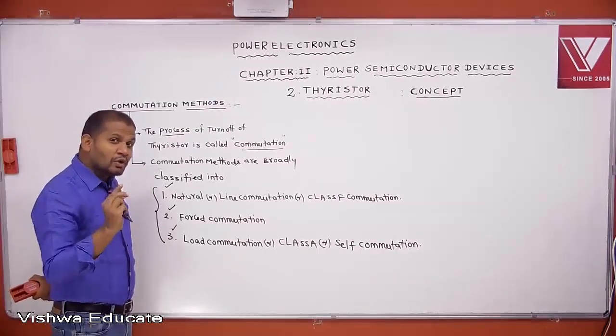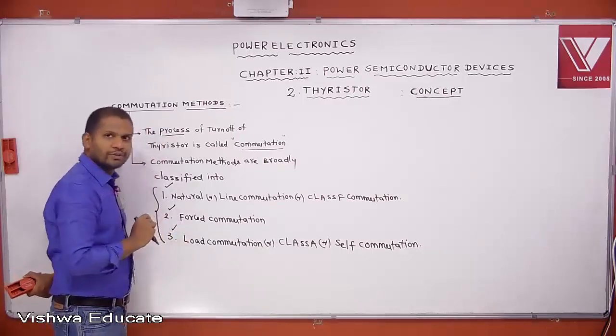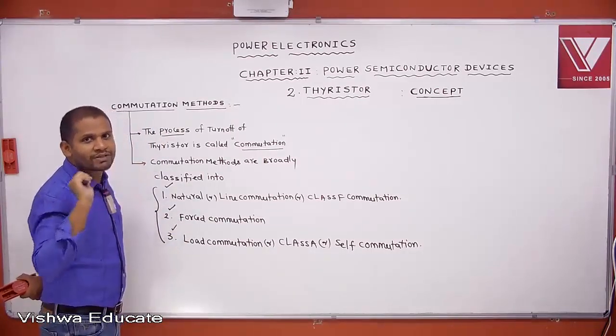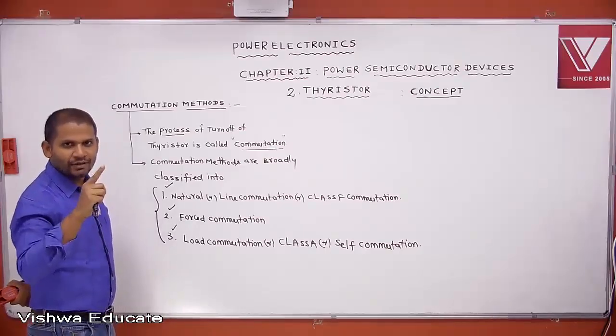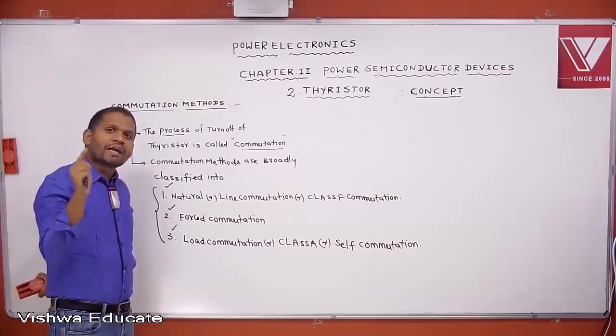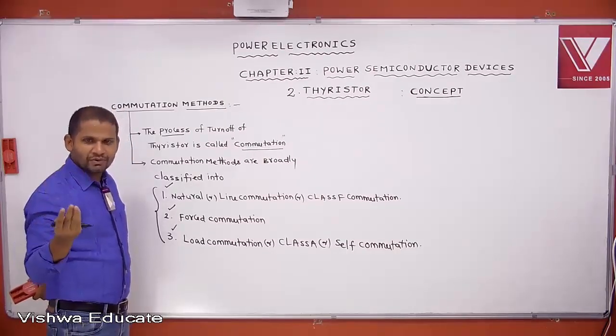But in detail about forced commutation and load commutation methods, I will discuss in the Chopper concept in chapter 3. In Choppers, based on the type of commutation, the Choppers are classified into different types.